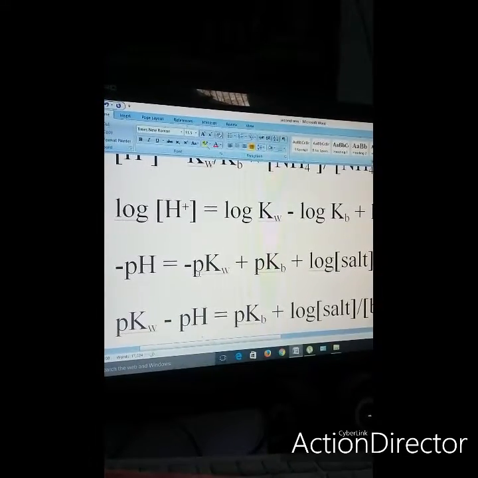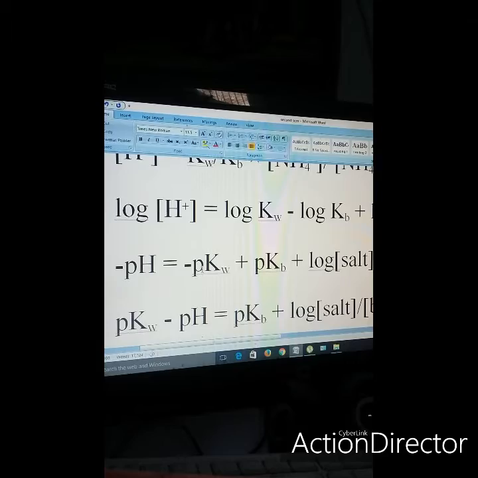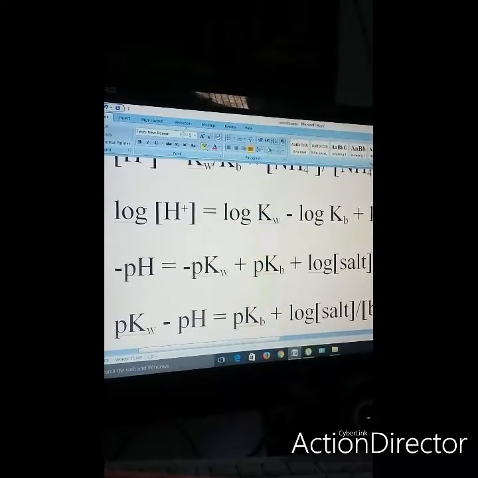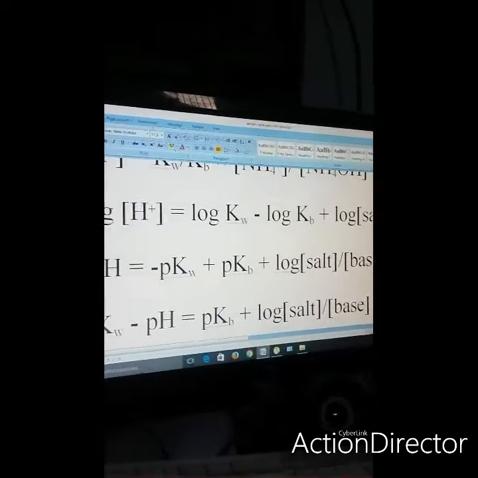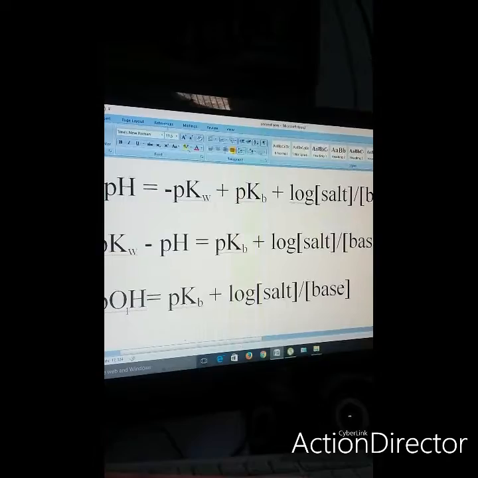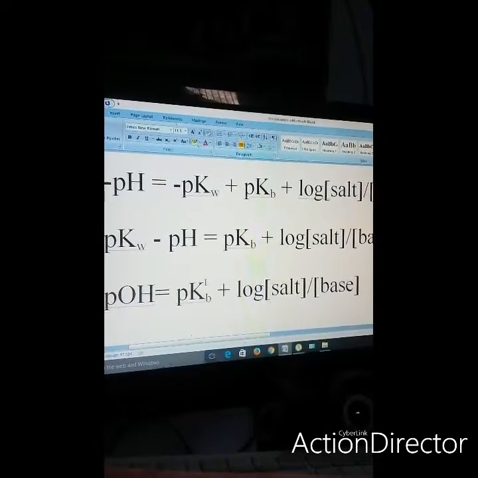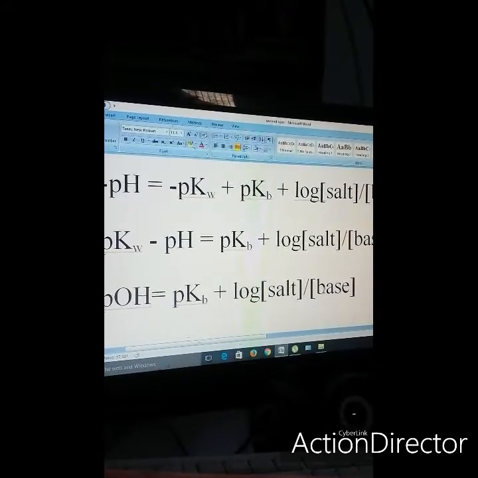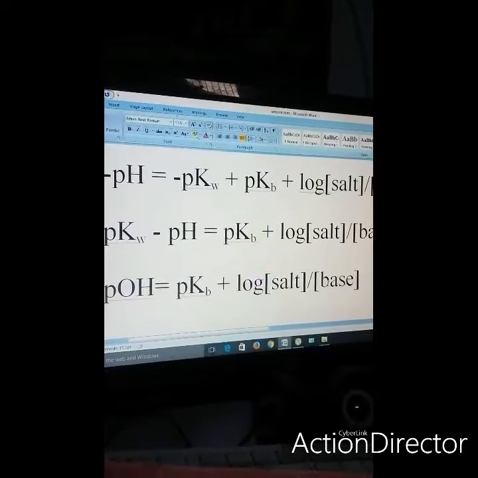So take pKw to this side: minus pH is equal to pKb plus log of salt upon base. So this is nothing but pOH, that is the potential of hydroxyl ion concentration, that is equal to pKb plus log of salt upon base.